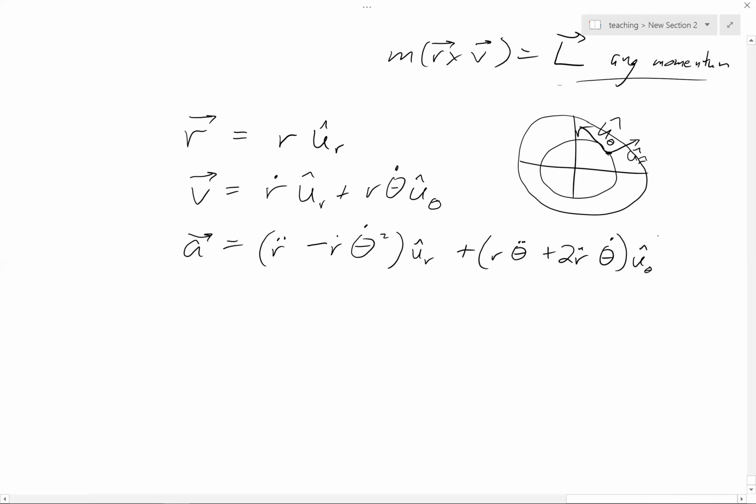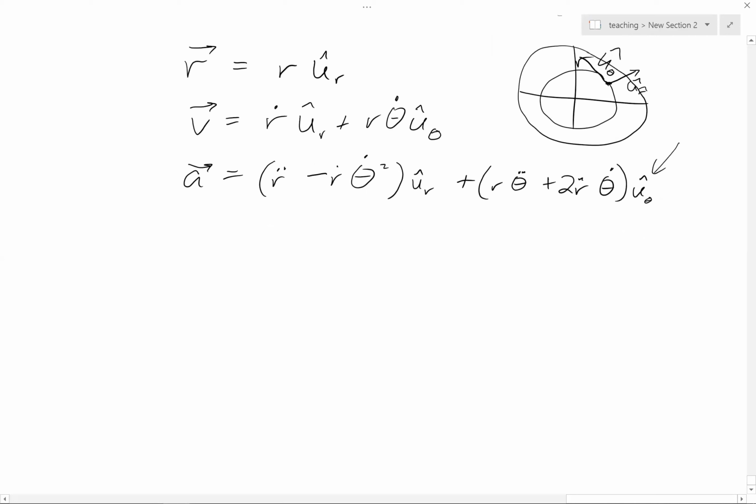Let's redo the second law really quickly. All we needed for the second law, as we saw last time, was that this u_theta component is 0. In this notation, we have r theta double dot plus 2 r dot theta dot is 0.